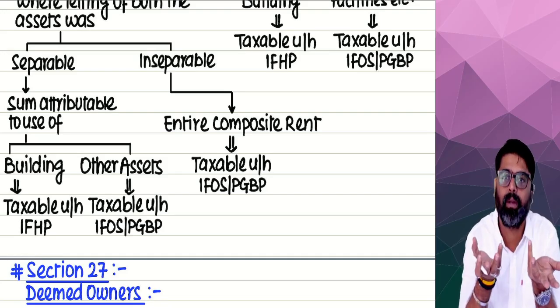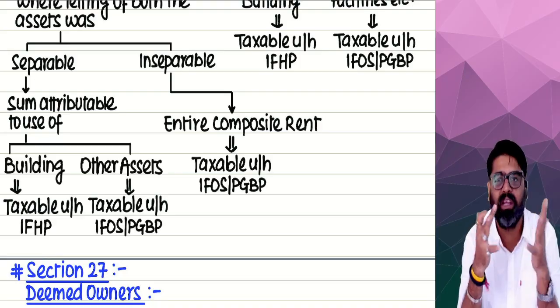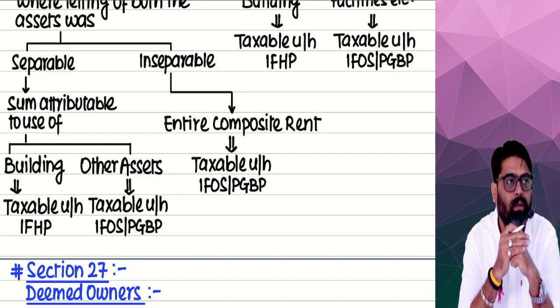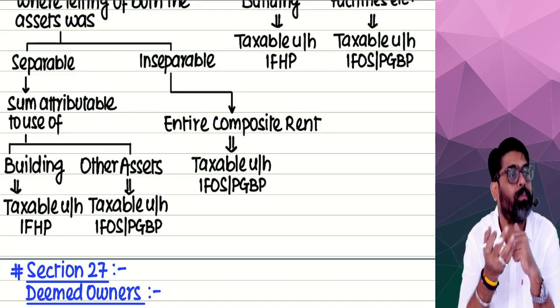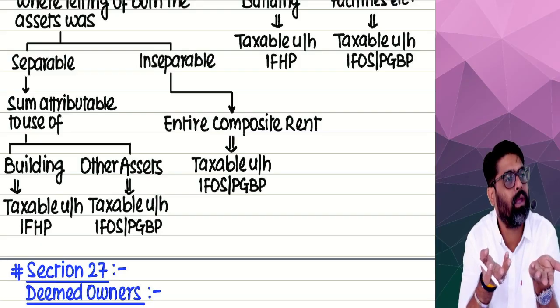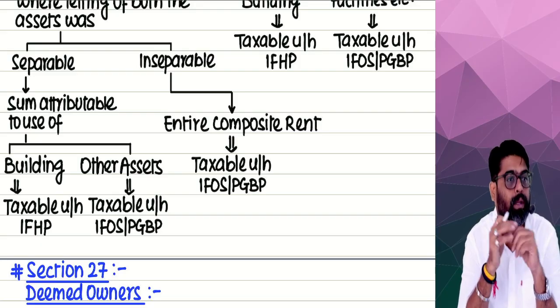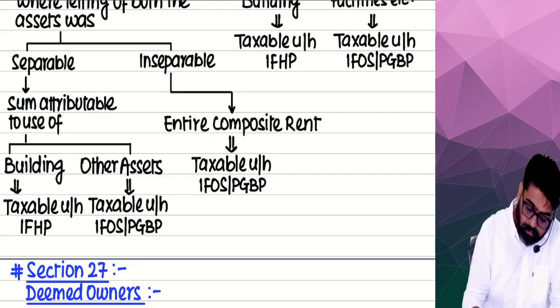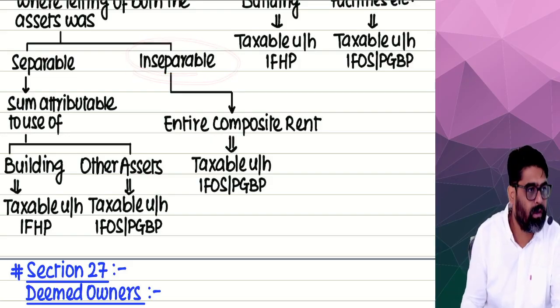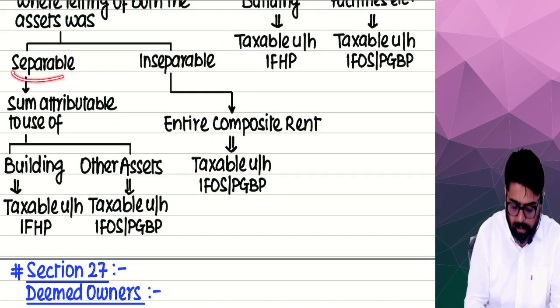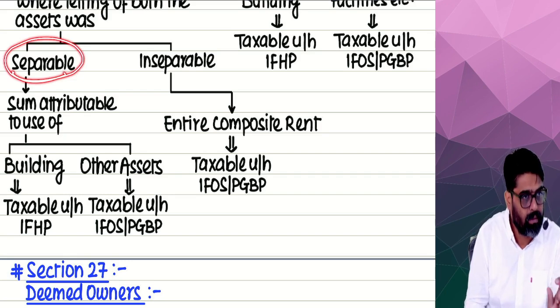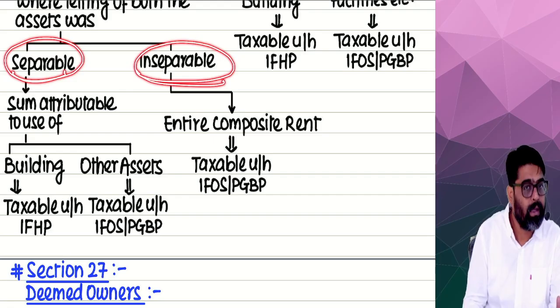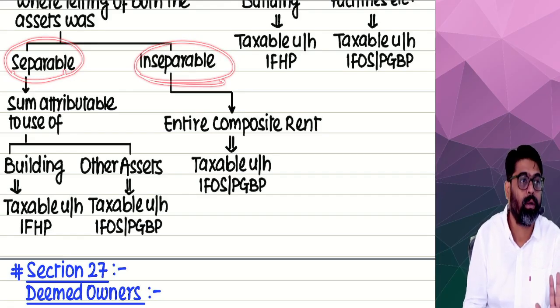But sometimes both the lettings may be inseparable, hence you are giving them on rent together. If the lettings were separable, then separate your combined rent. If the lettings were inseparable, don't separate your combined rent.